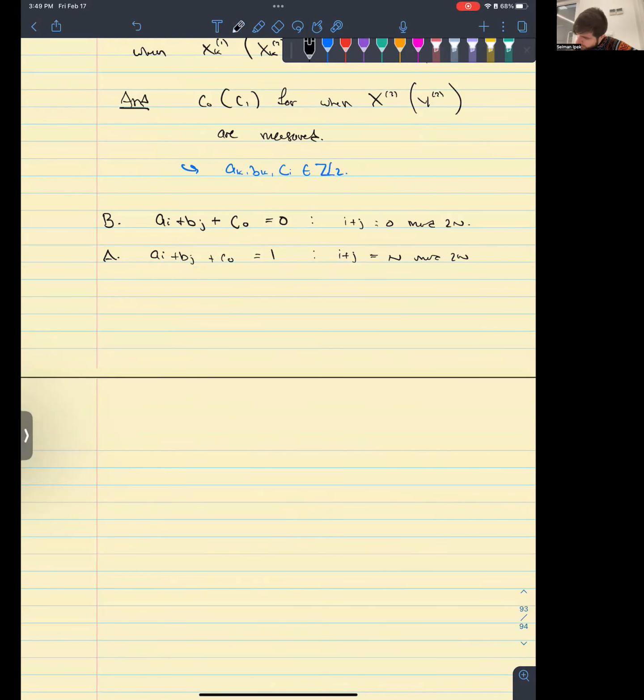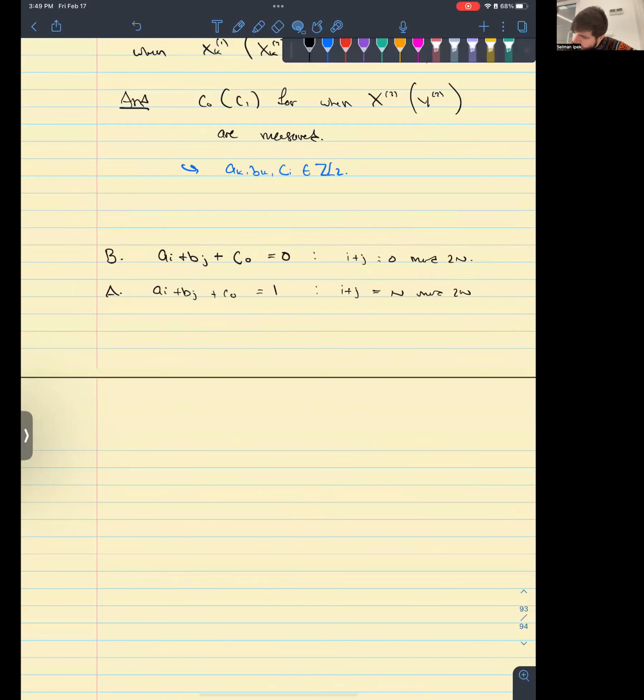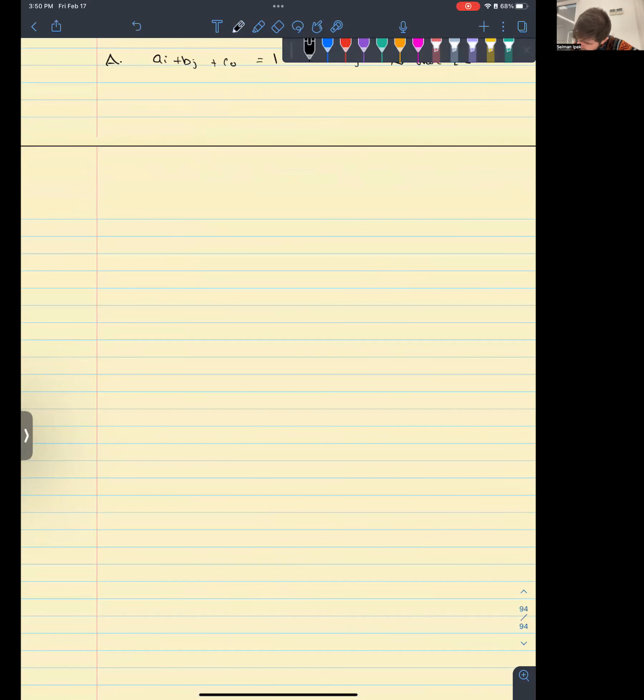So this is when the third qubit has x3 measured. When instead y3 is measured, things are a little bit more complicated.